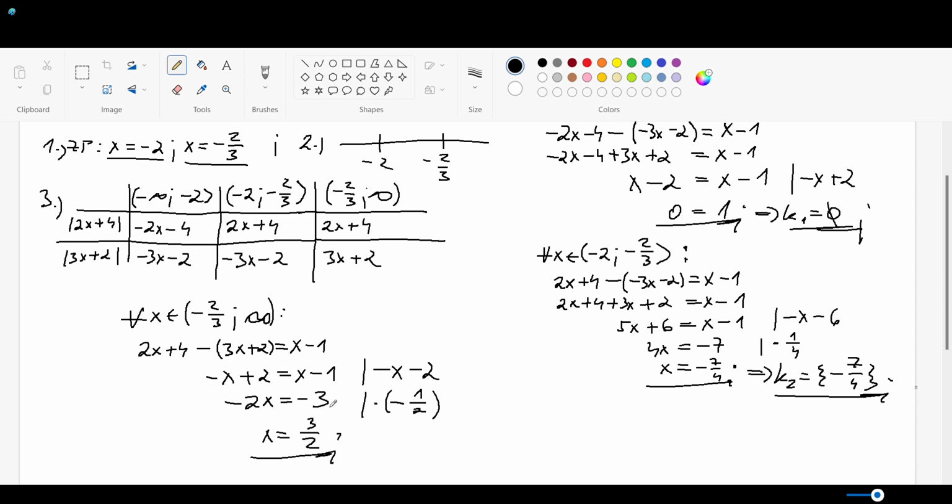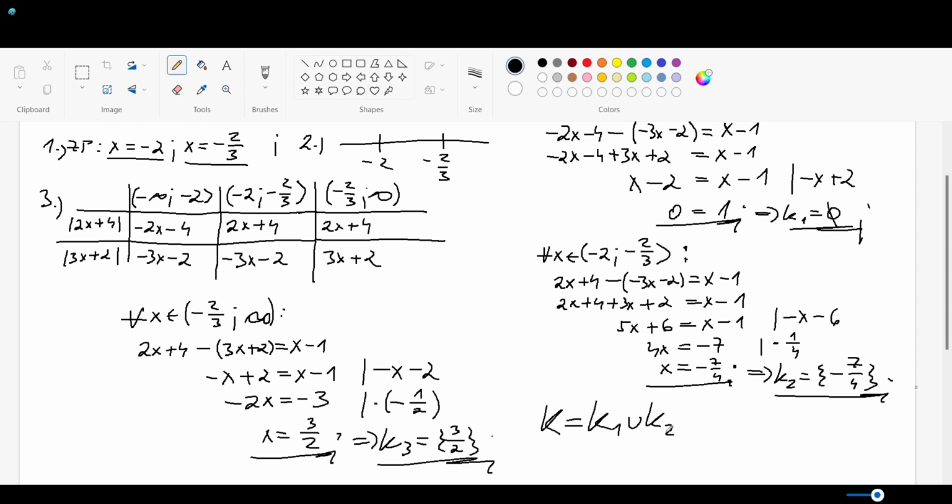Okay, so this is our solution for this equation for all real numbers, but we have to do again the quick check if this number is from this interval. As far as it is a positive number, we can see very easily that the answer is yes. So it means K3 is again a one-element set, and it consists of the number 3 over 2. And now we make the final conclusion.